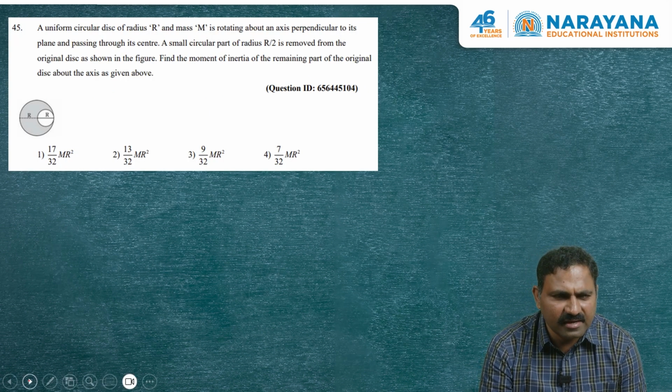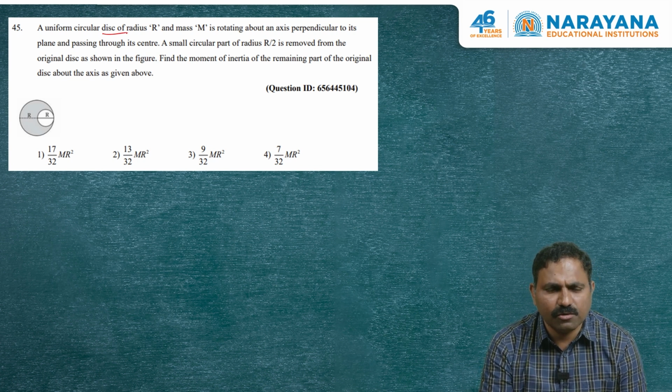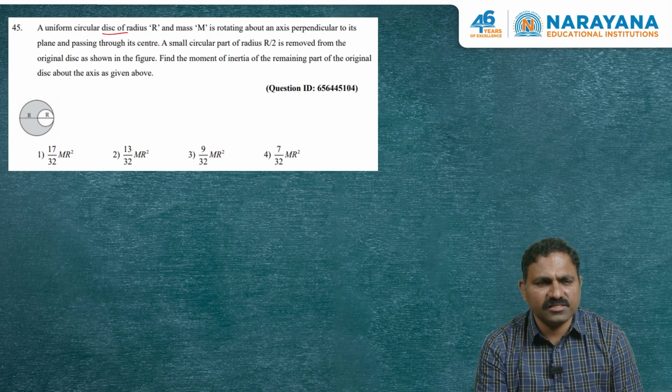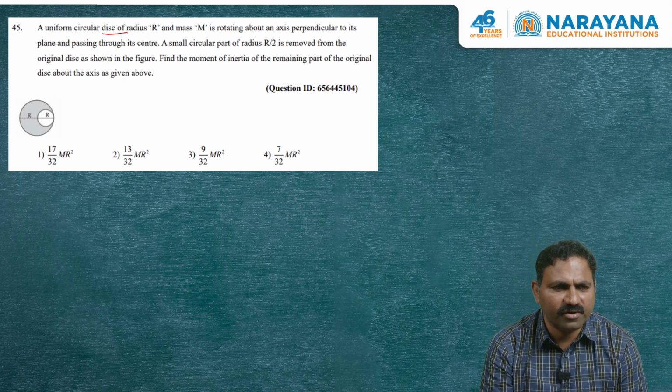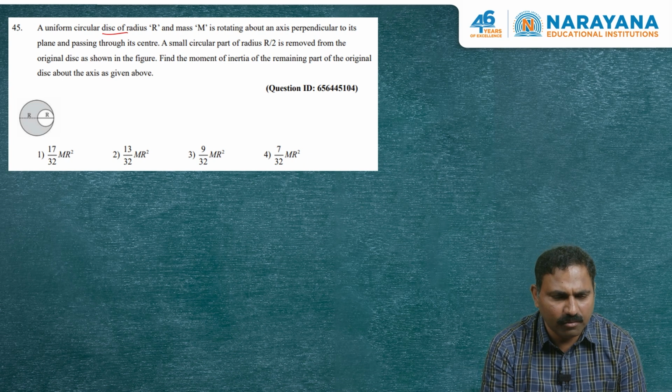A uniform circular disc of radius r, it is given disc, and mass m is rotating about an axis perpendicular to its plane and passing through its center. A small circular part of radius r by 2 is removed from original disc and shown in figure. Find moment of inertia of remaining part of original disc about the axis as given above.